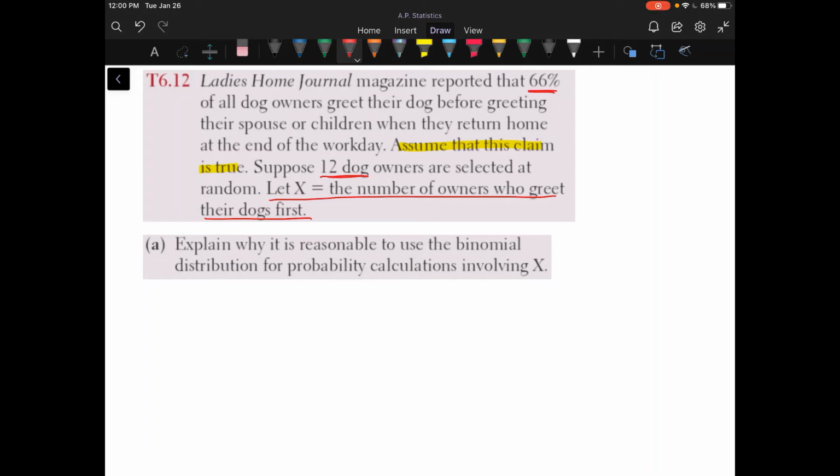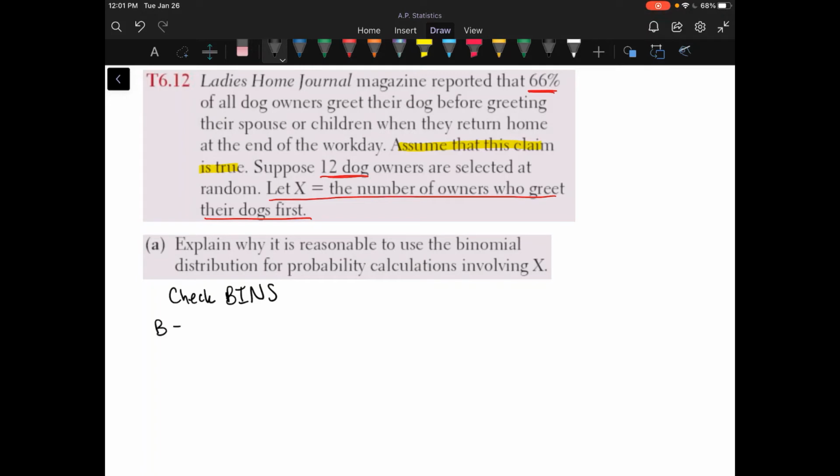To explain this, we need to check BINS. Is it binary? Is it independent? Is there a fixed number of trials? And is there a fixed probability of success for each sample? So we'll check BINS.